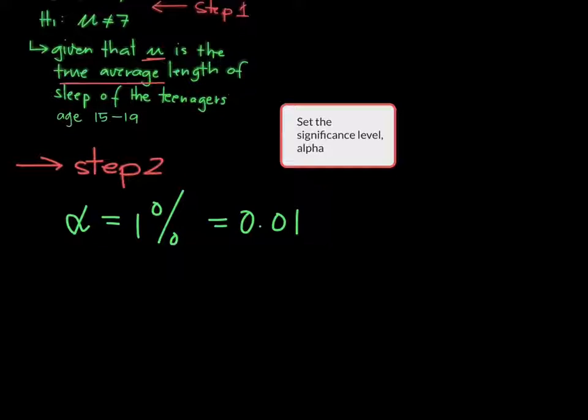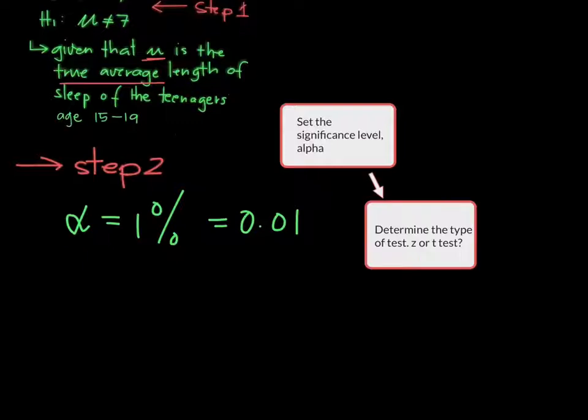Now the next thing to do is to decide, are we going to use a z or a t-test? This decision will depend on your sample size and the population standard deviation. Obviously, in this study, we have no idea what the population standard deviation is, so we will rely on the sample size.